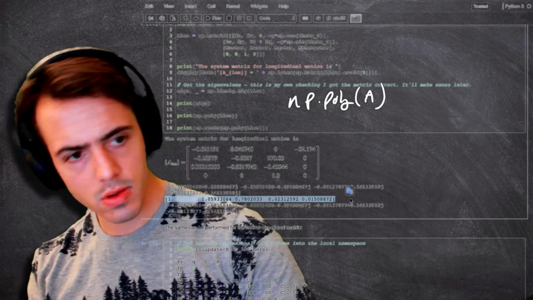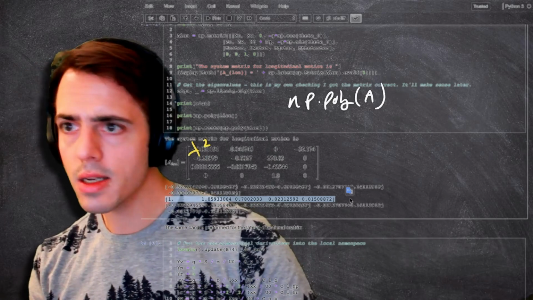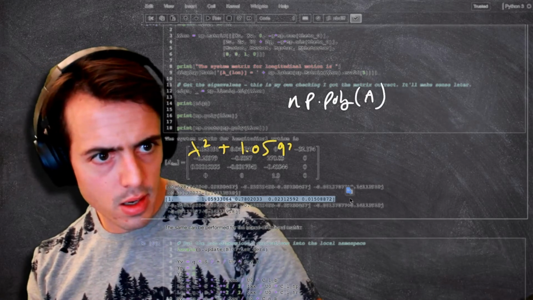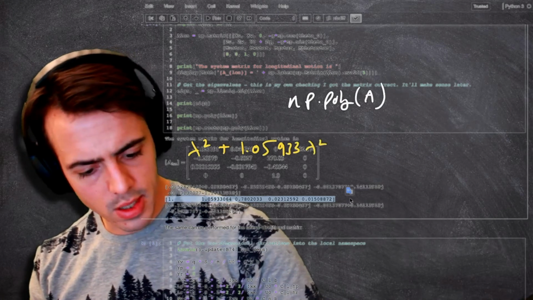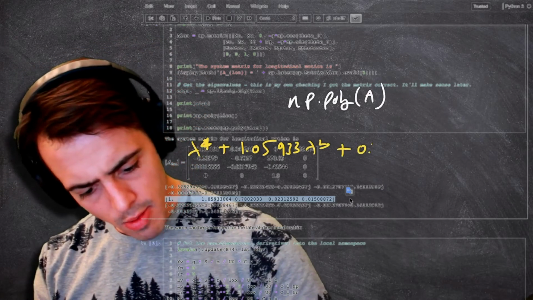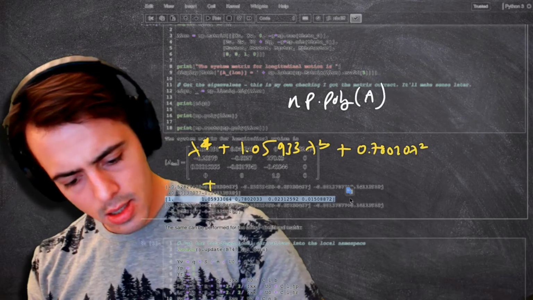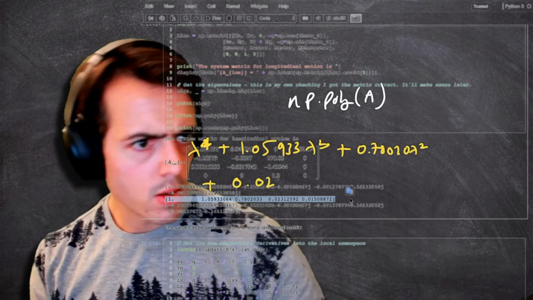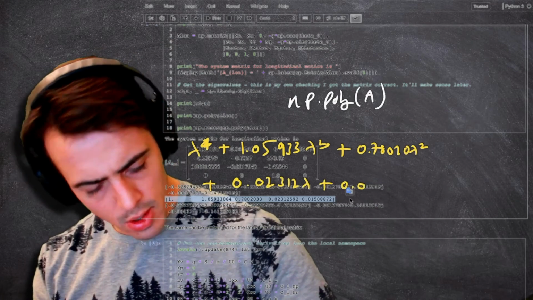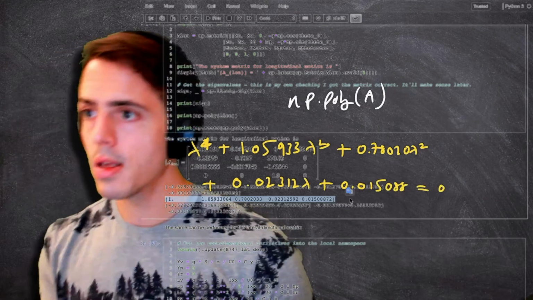So I've got, sorry, it's not lambda squared, that should be lambda^4. That's lambda^4 plus 1.05933 lambda cubed plus 0.78020 lambda squared plus 0.02312 lambda plus 0.015088 is equal to 0.